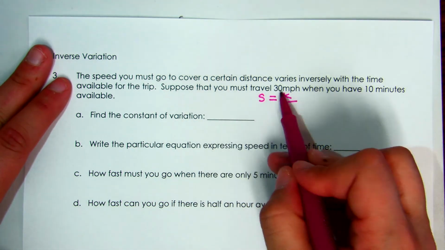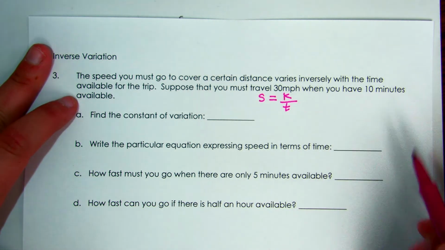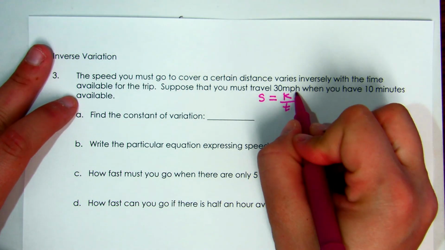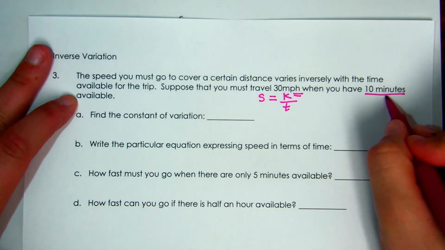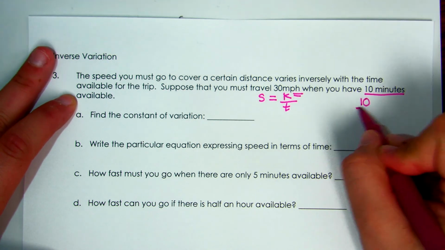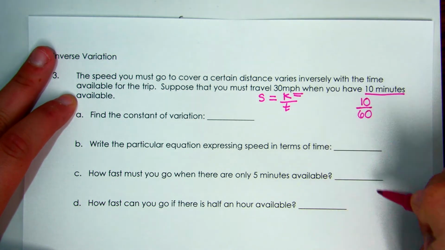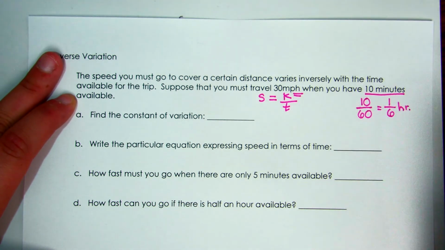Suppose that you must travel 30 miles per hour when you have 10 minutes available. Now here we have 30 miles per hour, and here we have minutes. So I have to change my minutes into hours. 10 minutes is 10 out of 60 that make an hour, so it is 1/6 hours.